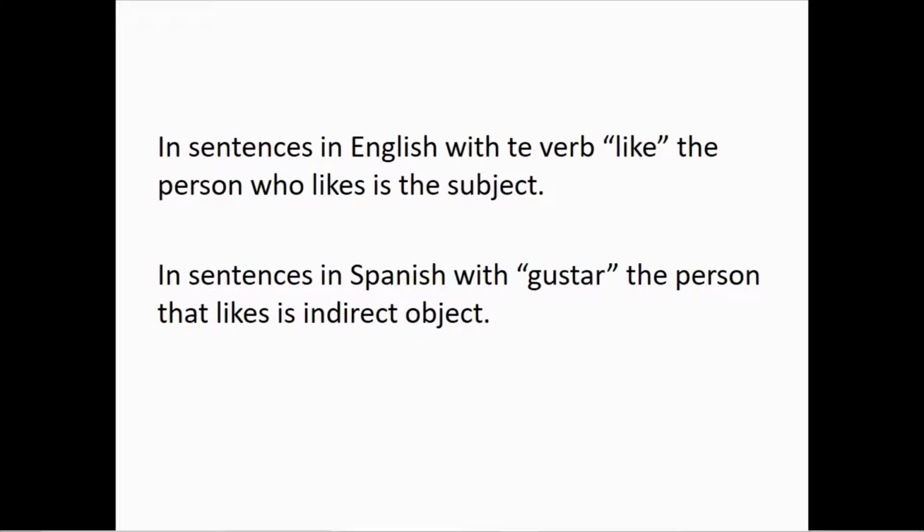With the verb like in English, the person who likes is the subject. With gustar in Spanish, the person who likes is the indirect object. And as this is different in both languages, it is difficult for Spanish learners to get used to it.